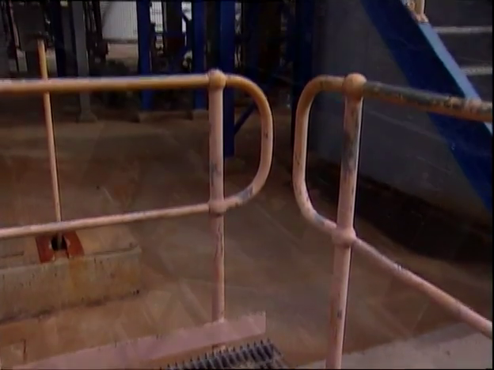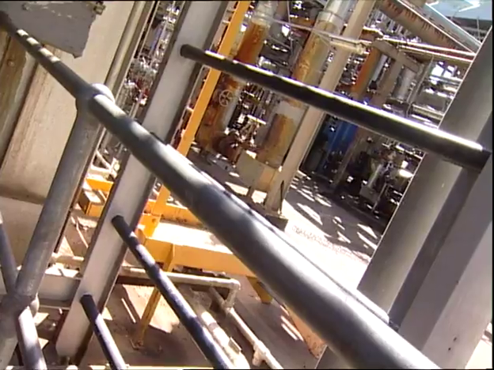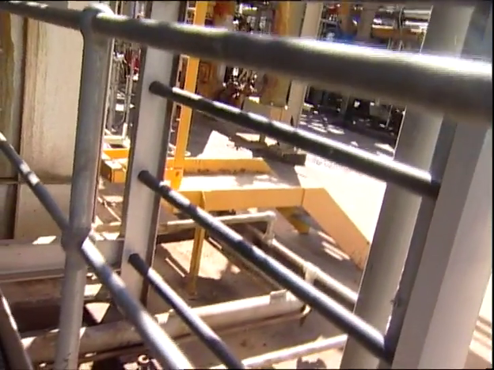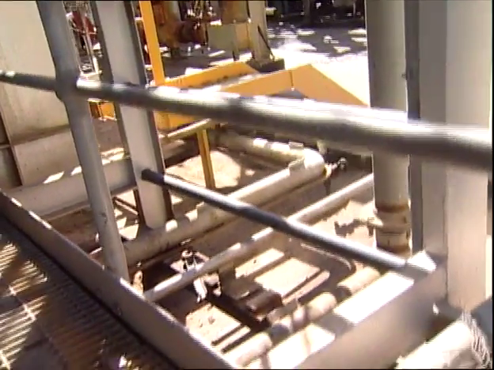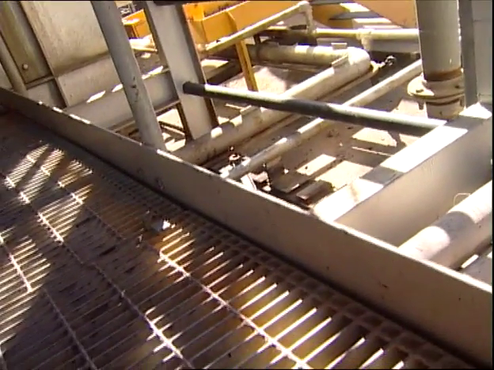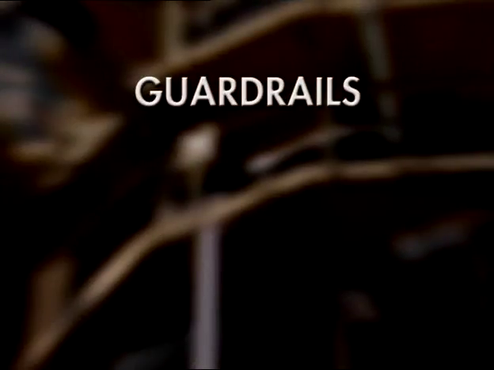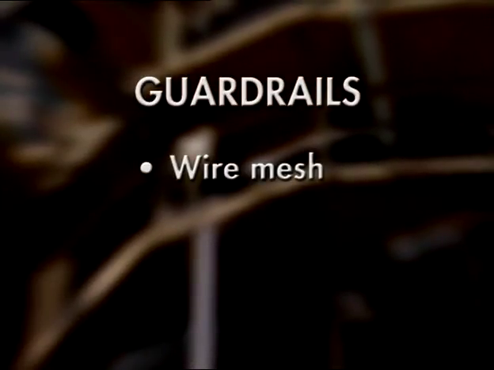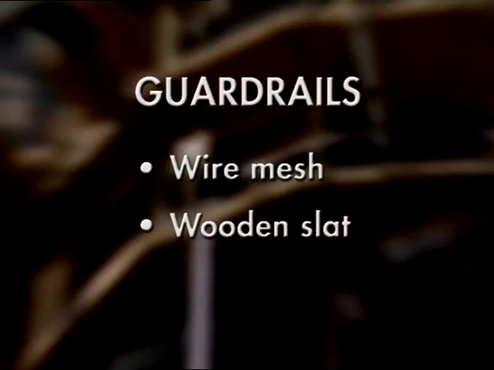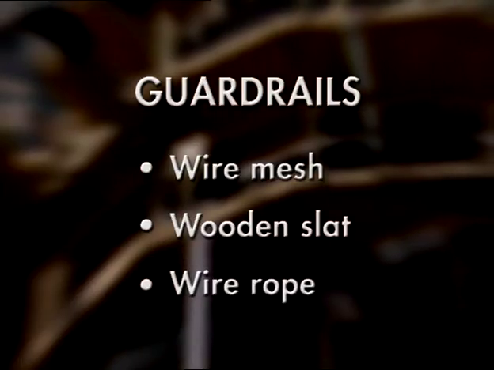Typically, a standard guardrail system will comprise a top rail, a mid-rail, and will usually incorporate a toe board, which is used to help prevent tools and materials from being knocked or rolling over the edge. Guardrails can also be of wire mesh, wooden slat, and wire rope construction.